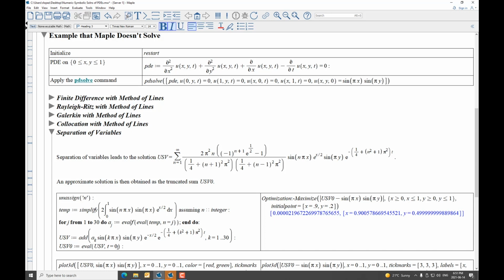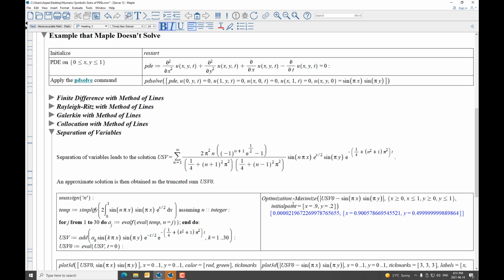And then I wanted to see what that solution looks like at time 0. In other words, how well does that solution reproduce the initial surface? Then we examine. Okay, here's how well we did.